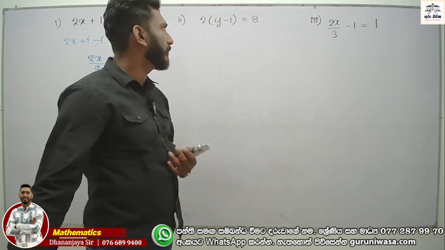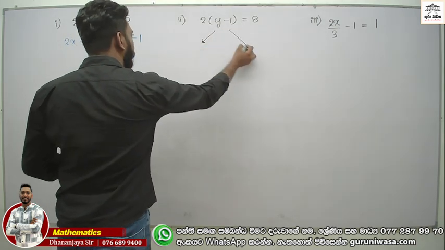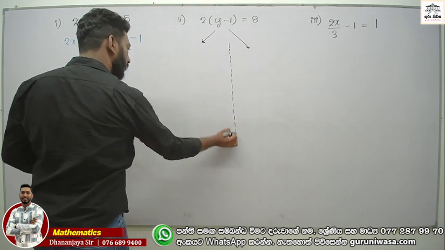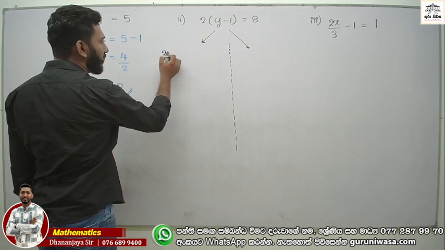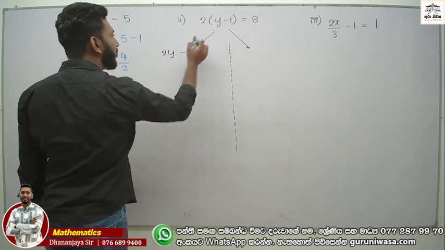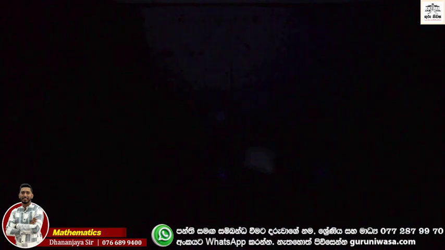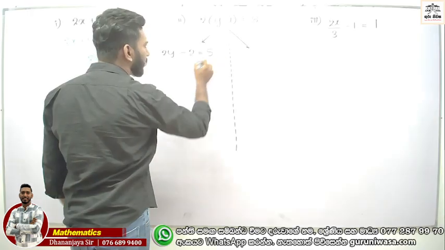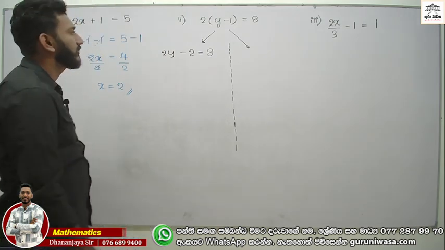I'll show both. In the expanding method, 2 times y is 2y, and 2 times minus 1 is minus 2, equals 8.